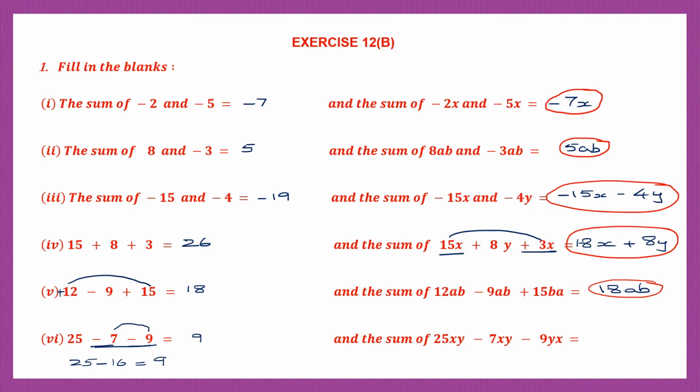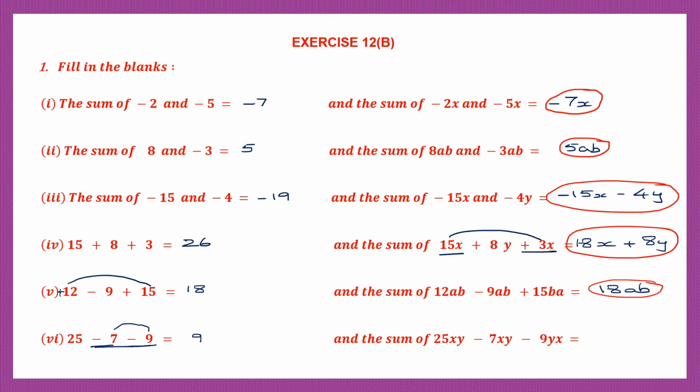Now let's look at the second part. Here we have to find the sum of 25xy minus 7xy minus 9yx. Like we had here, BA is the same as AB. Here also yx is the same as xy. That means all three have xy and they are like terms.